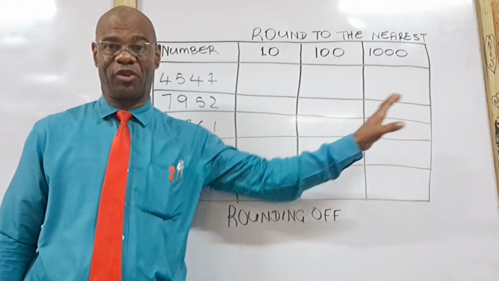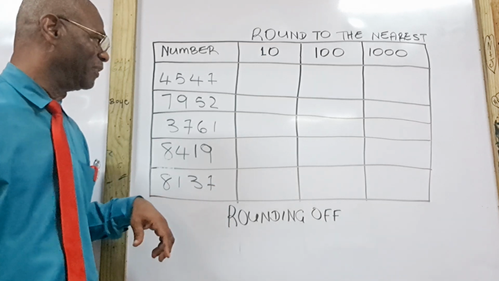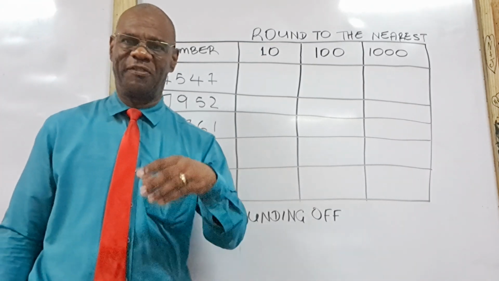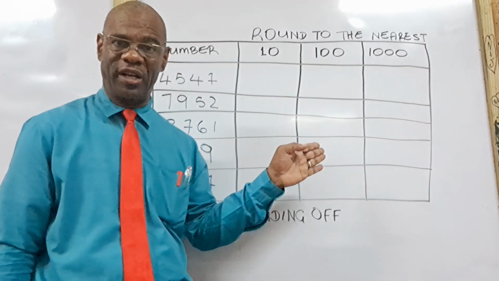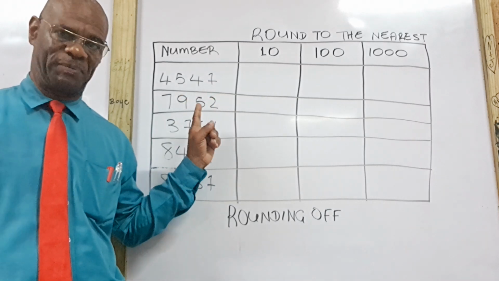If the first digit to be discarded is 5 or more, we round up, meaning we add 1 to the digit in the 10th place.